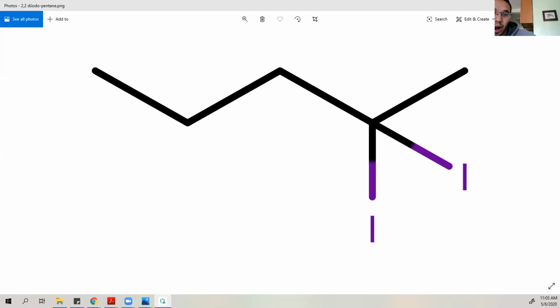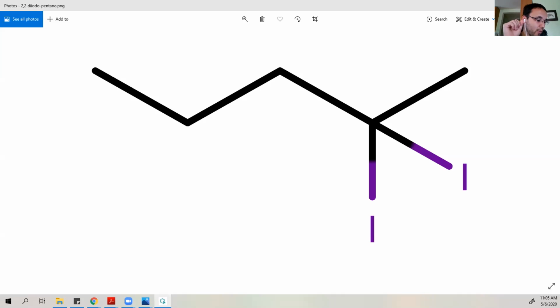So you're right, there are two iodines. We still have the pentane backbone, but you have to be thinking about how many different numbers you need to say. You have to say 2 twice, because you have to indicate that both of the iodines are on that same carbon.